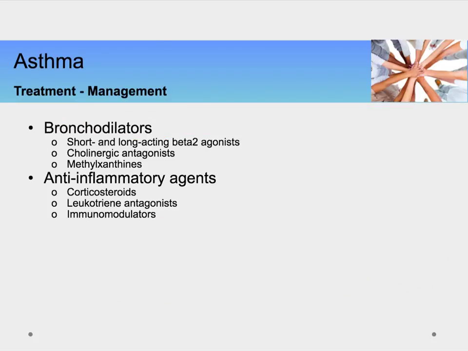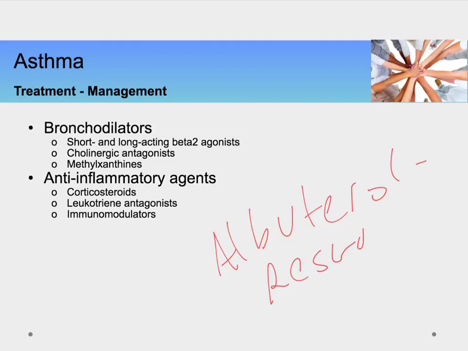This is just repeating some of what I talked about on the last slide. The short-acting bronchodilator, I'm going to write it again so you don't forget it, is albuterol. Albuterol is the rescue inhaler. Always, always, always, because it's short-acting. This is what we give a patient when they come into the ER and they are stridorous. Remember that term stridorous?